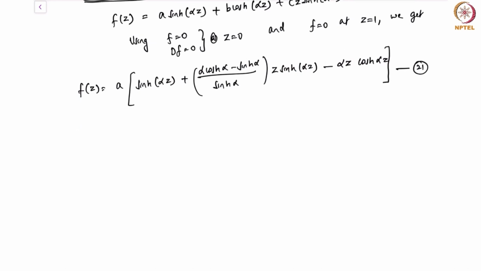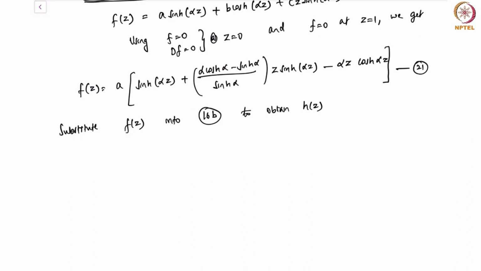Now we can substitute this f of z into 16b to obtain h of z.